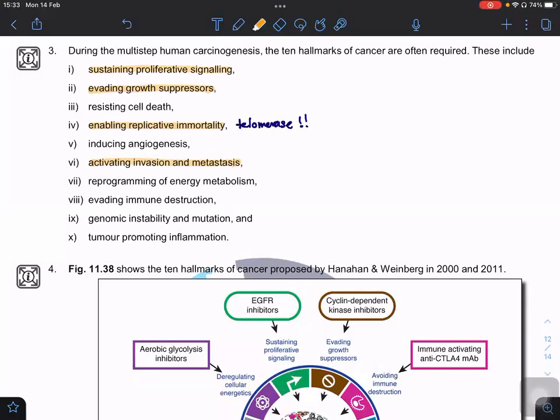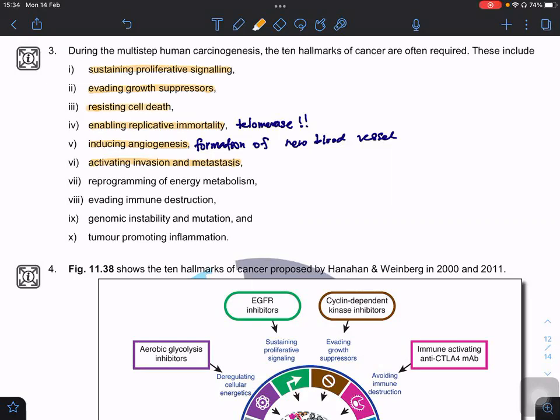They don't care about signals from other molecules, from other cells, but they continue to grow. Then inducing angiogenesis. Angiogenesis means formation of new blood vessels, because they want to gain more nutrients. They also need it for metastasis, and they resist cell death.